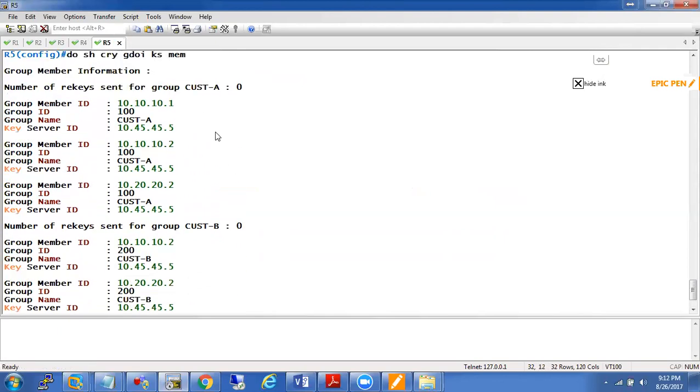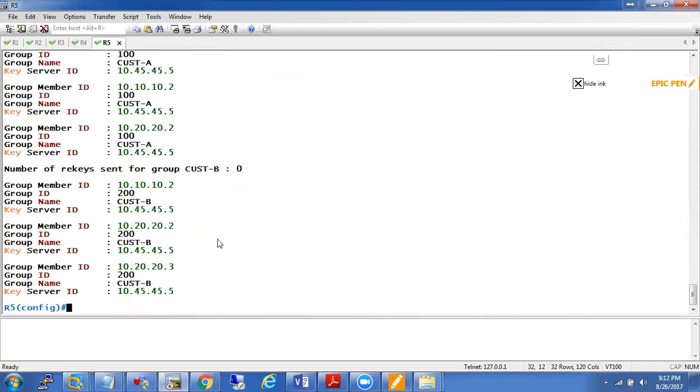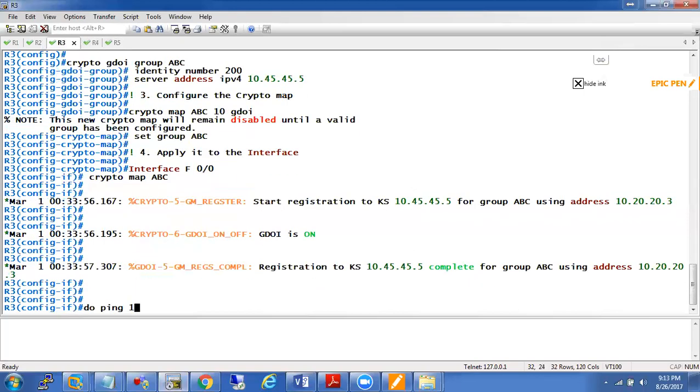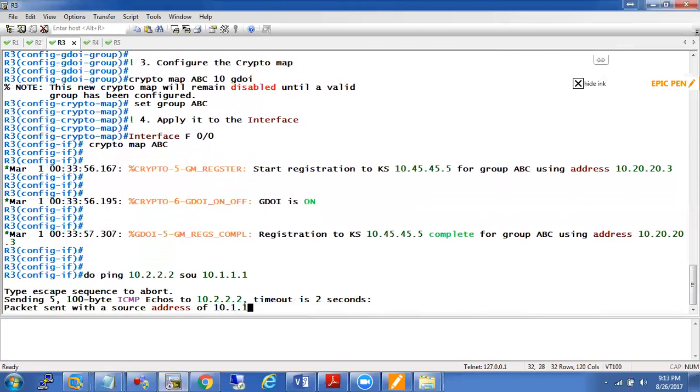There you go. I have for customer A 10.1, 10.2. This was the wrong registration that I had. Otherwise, it would not have that. Okay. Eventually, it'll go away. So now, if I go back to R3, should be able to ping 10.2.2.2 from 10.1.1.1.